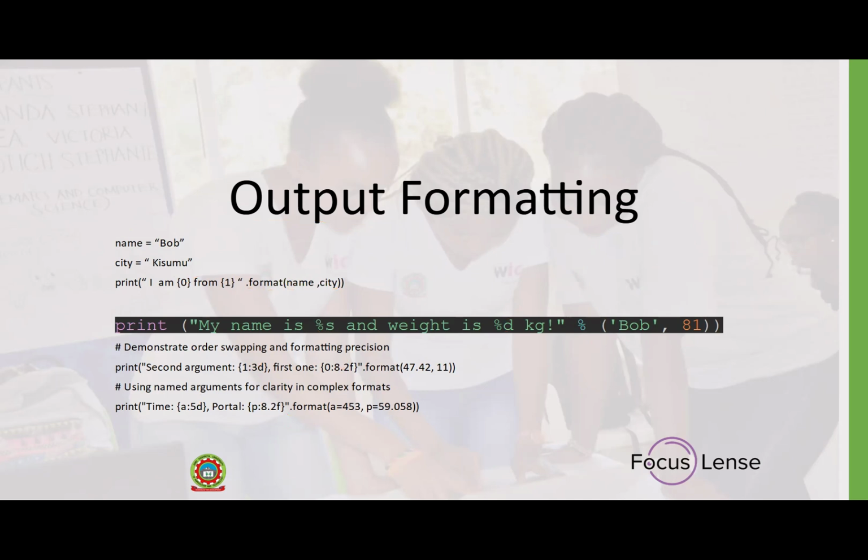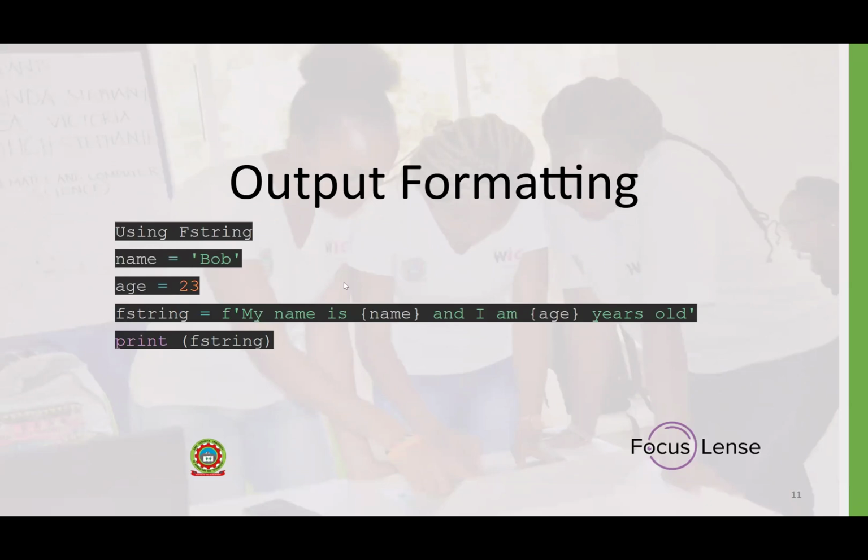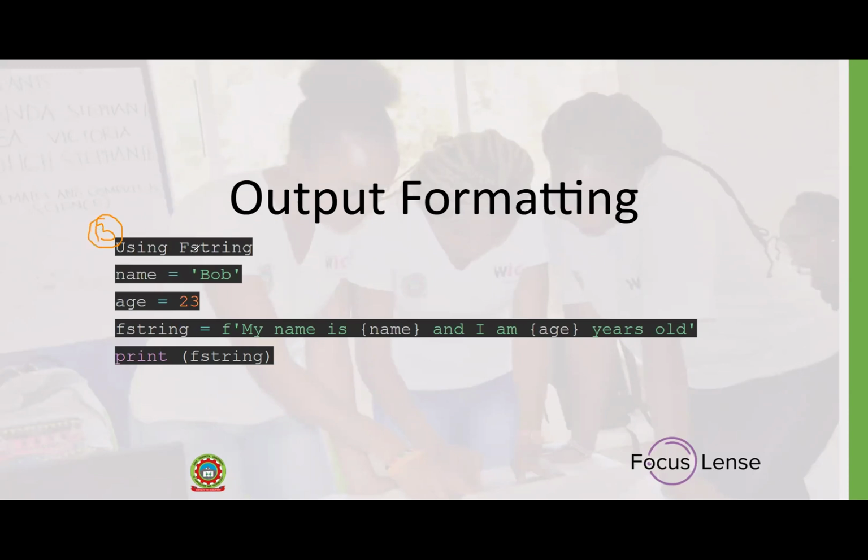Then the next way, if you remember, was to use F string. Can you remember F string? My favorite. Yes, your favorite. This is number 3, the third way of doing it, using F string. Most people like this. You just put F, and then you put actually print F string.